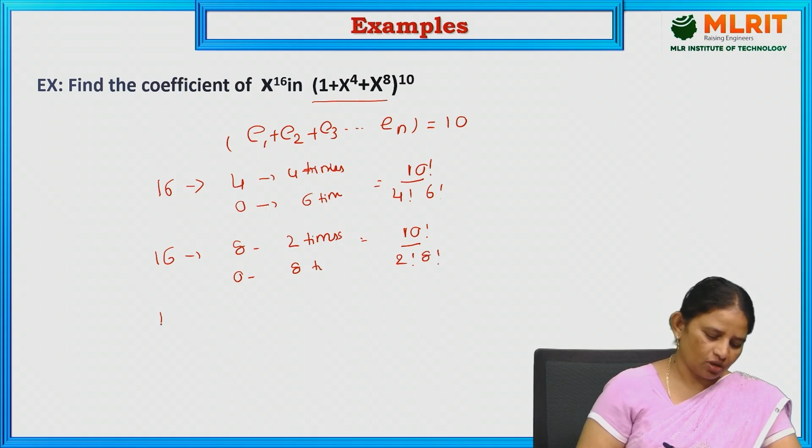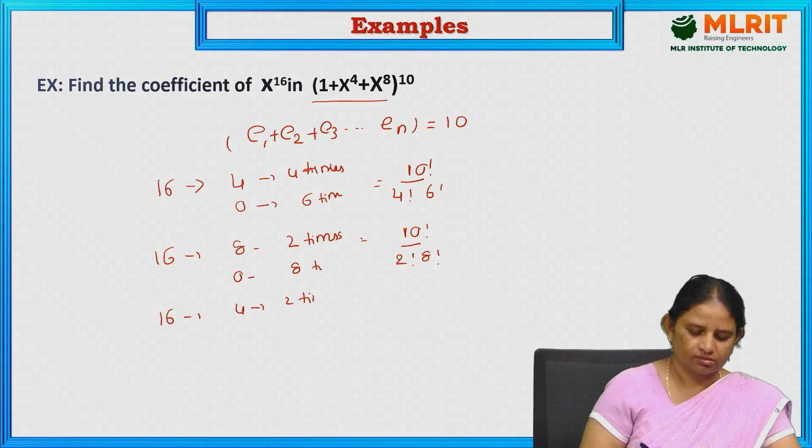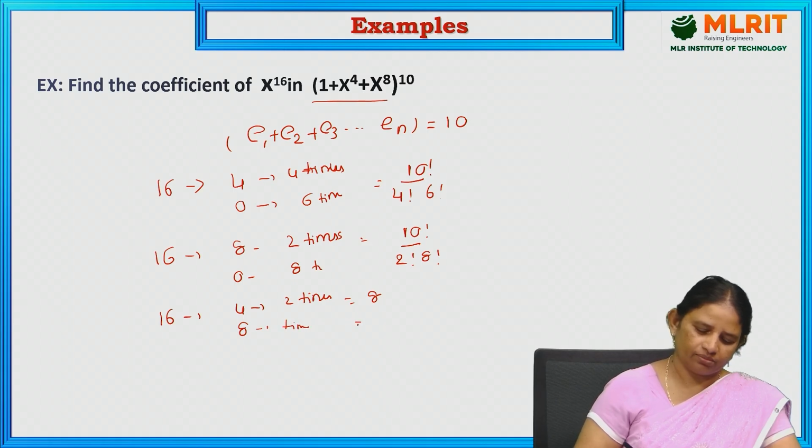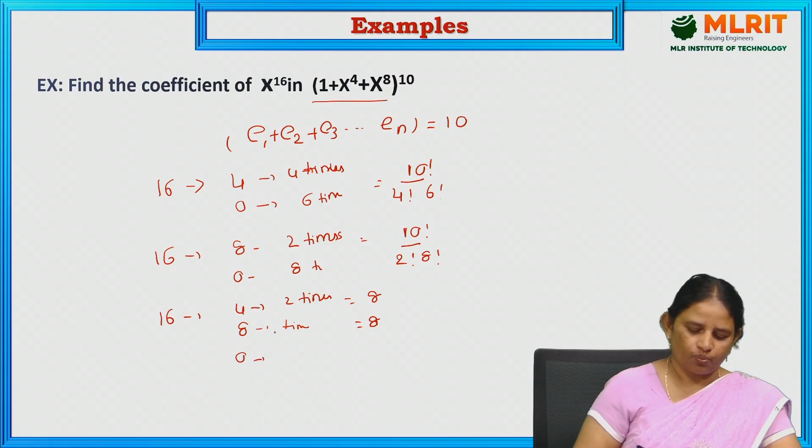Then another choice is 4 used 2 times, that means the value is 8, and 8 used one time, that means 8. Remaining zeros are 7 times.